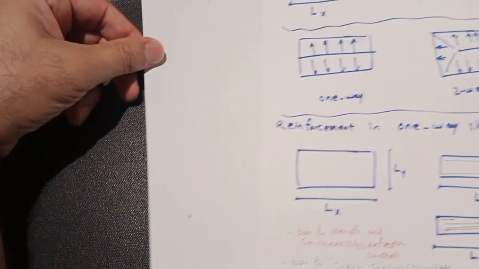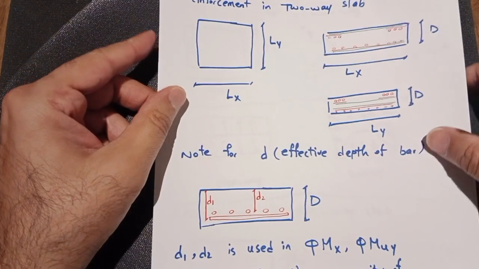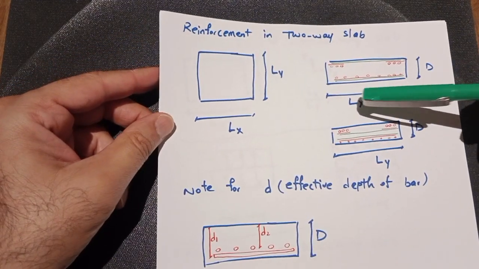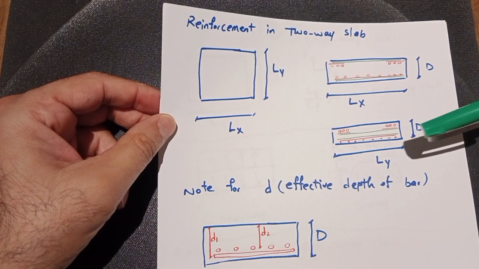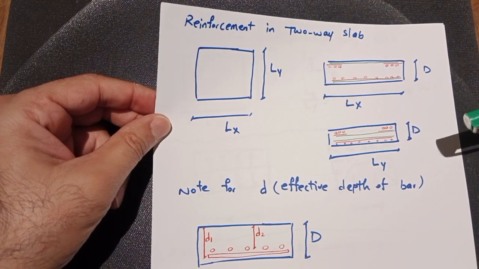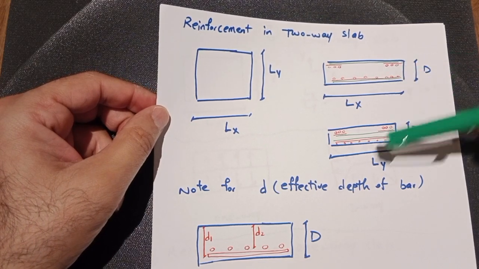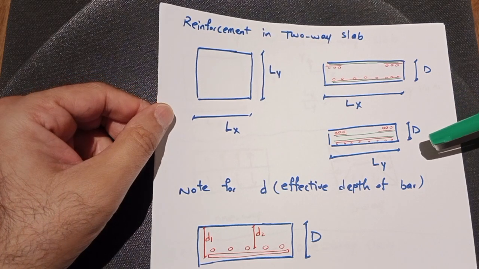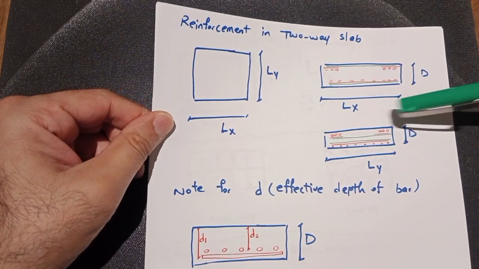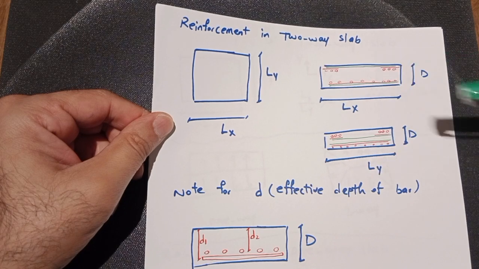So let's go for two-way slab. In two-way slab, the Lx and Ly ratio is less than or equal to 2. Same as before, we will have primary and secondary directions, and we need strength and deflection reinforcement for both.